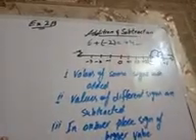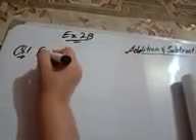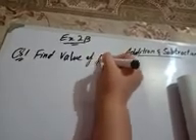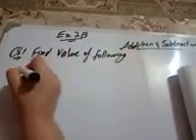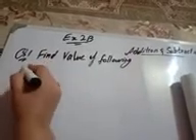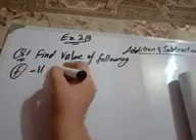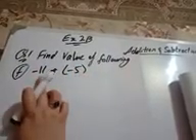Towards the exercise, question number 1. Find the value of the following. Let's take its F part. Minus 11 added to minus 5. Minus 11 is a negative integer.